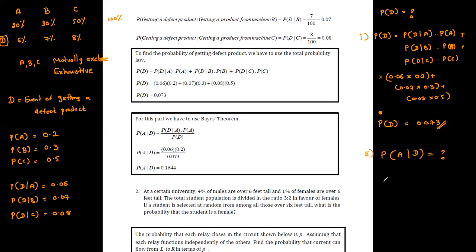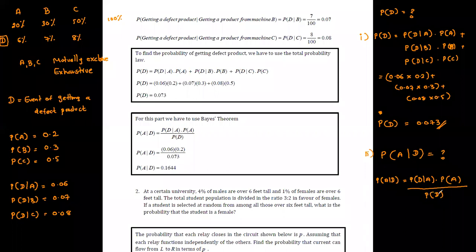The probability of A given D can be written as probability of D given A. Just interchange these two terms, then multiply it with the latter mentioned term, divided by the initially mentioned term, which is the given event.